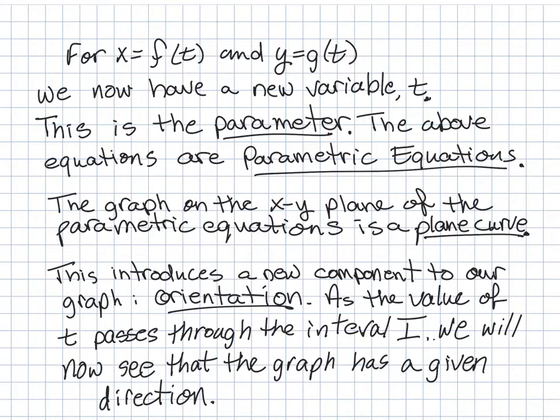Because your parameter, whatever you choose, in this case t, is moving in a particular direction, your points on your xy plane curve are going to have a particular orientation, and that is another dimension. I mean, we can think of three-dimensional as x, y, z.